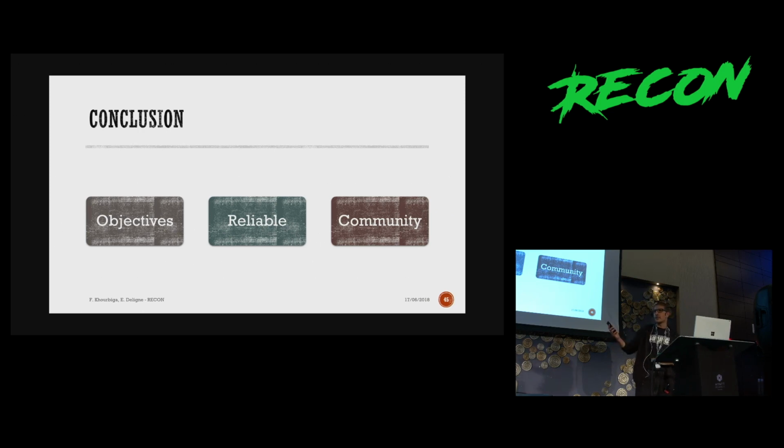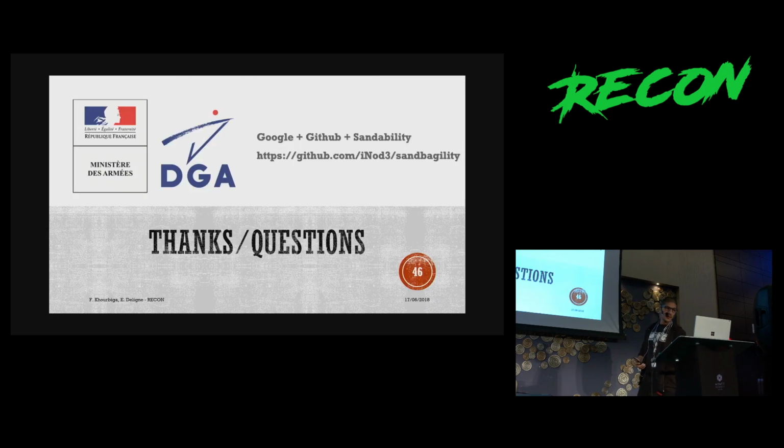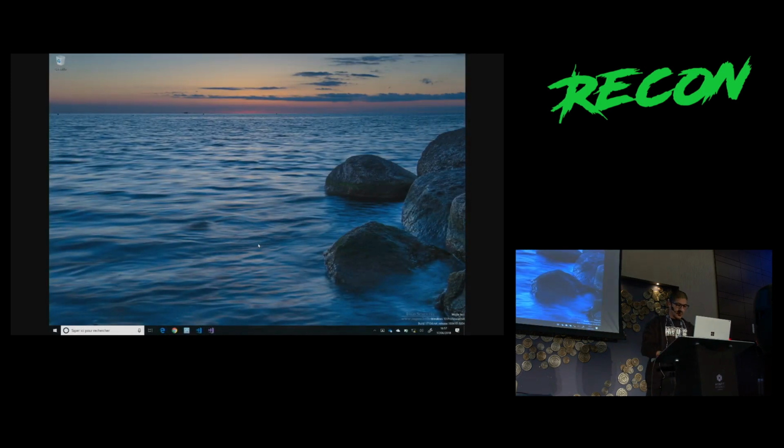The hybrid approach is made in Python, by the way, so you don't have anything to do. And simplicity is maybe the most difficult part. The tool is on GitHub. You can find it at this URL, and feel free to ask a question.